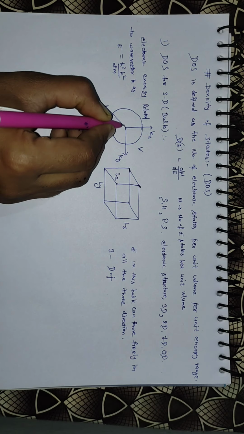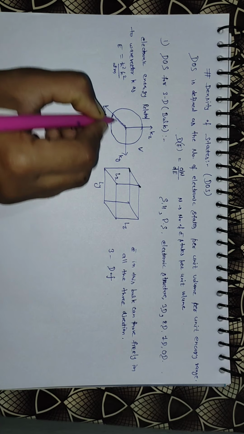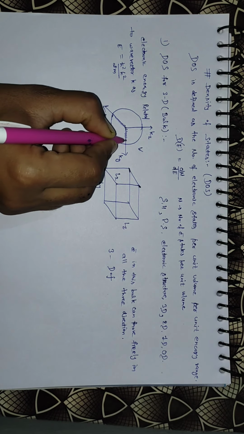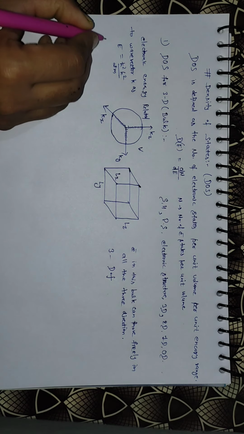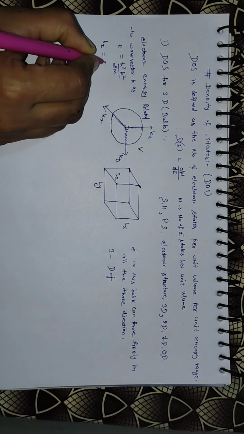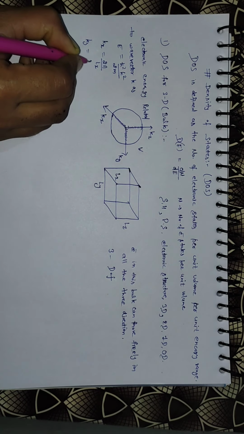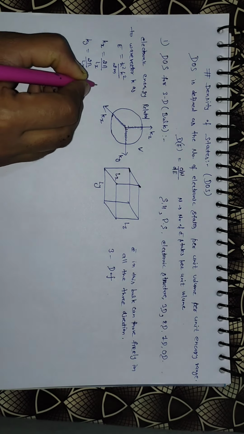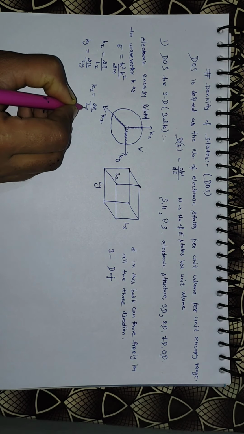All 3 directions are divided into subparts: kx is 2 pi over Lx, ky is 2 pi over Ly, and kz is 2 pi over Lz.